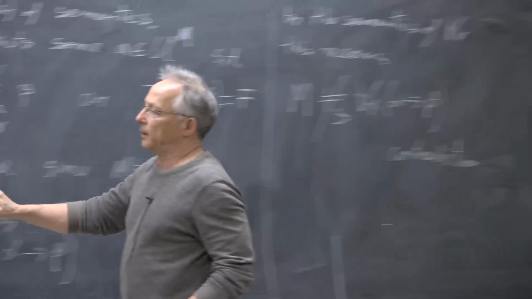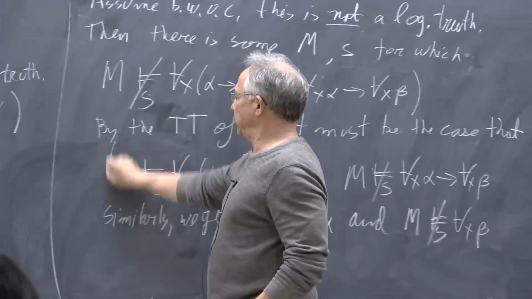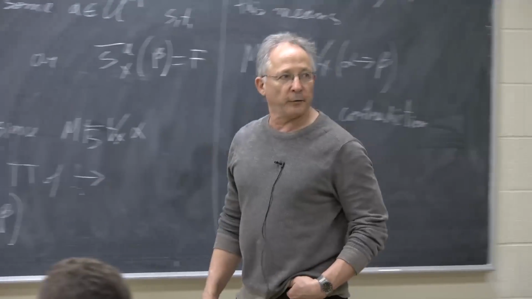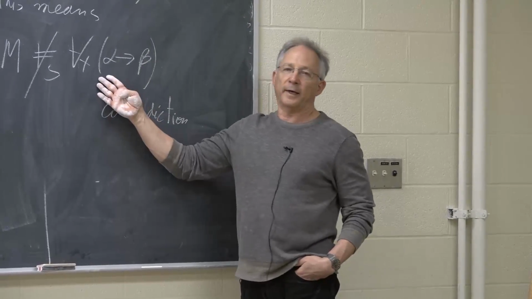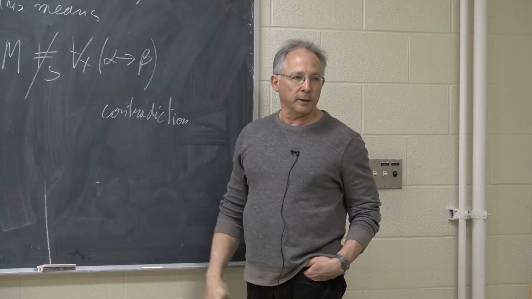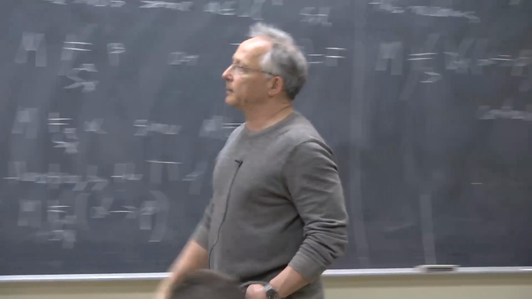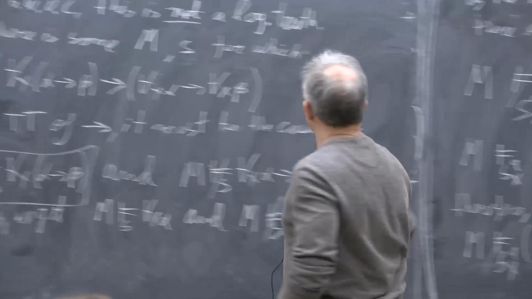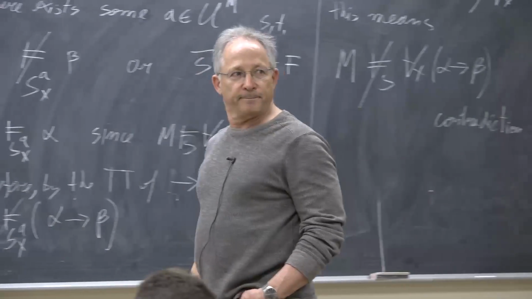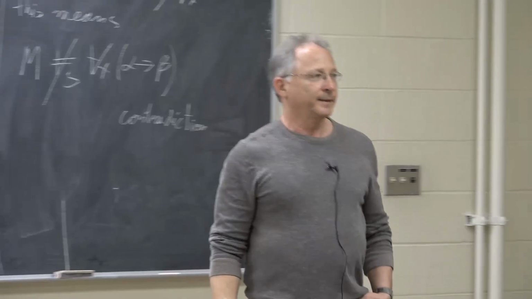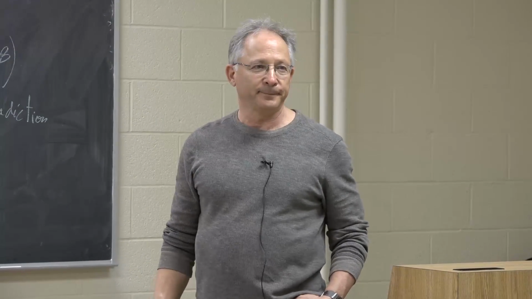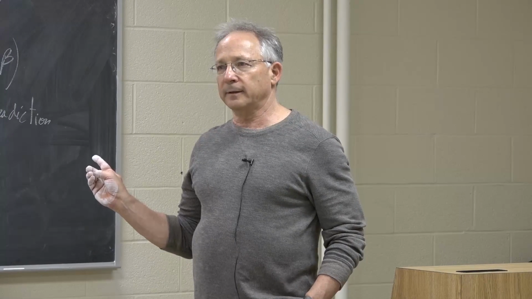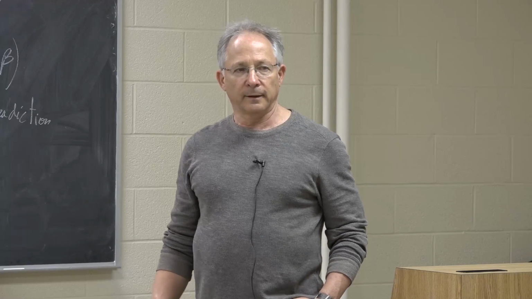Because here we just said that in order for this to fail, we need M to satisfy for all X alpha arrow beta. And then we saw that if we want it to fail, we need M to not satisfy alpha arrow beta. So we got a contradiction. So our assumption that this was not a logical truth led to a contradiction. So if you write it so nicely in the exam, you'll get all the possible points. Is it clear? Okay.